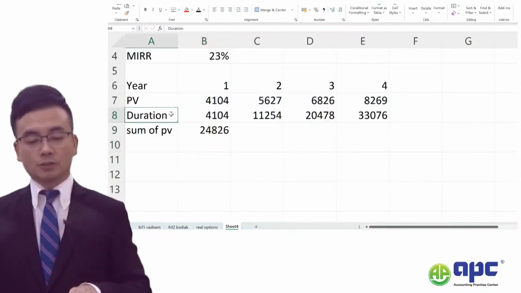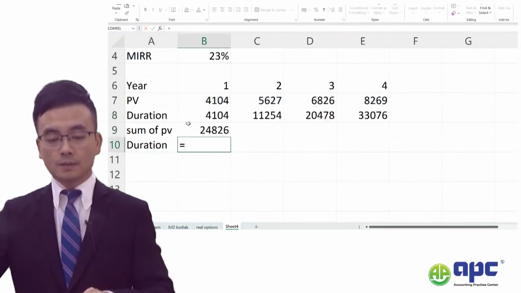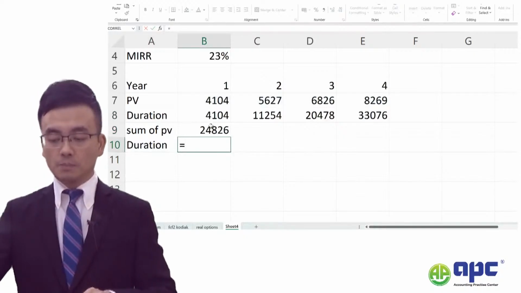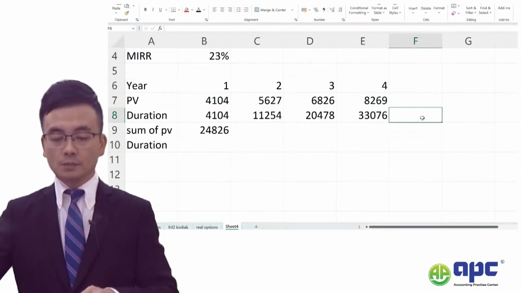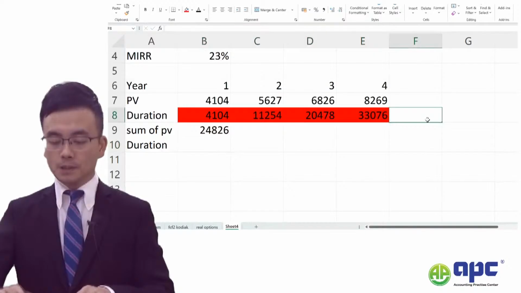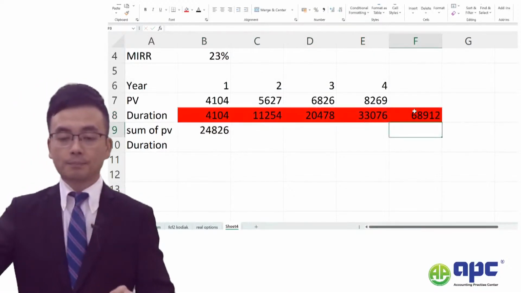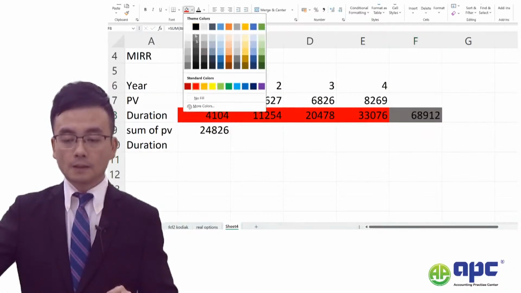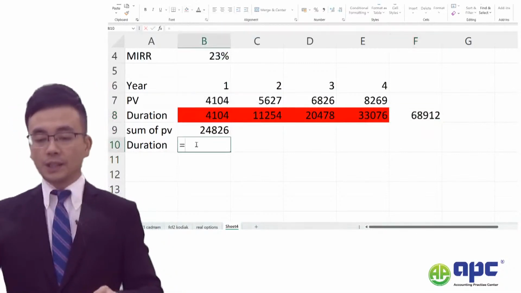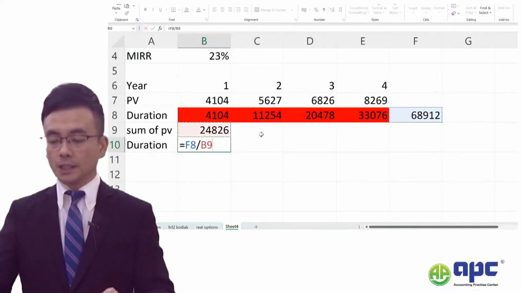And that's why the duration, we take the sum of these, because we also need to do the sum of this. Yeah. So the sum of the figures highlighted in red. So duration, we take 68,912 over 2486.